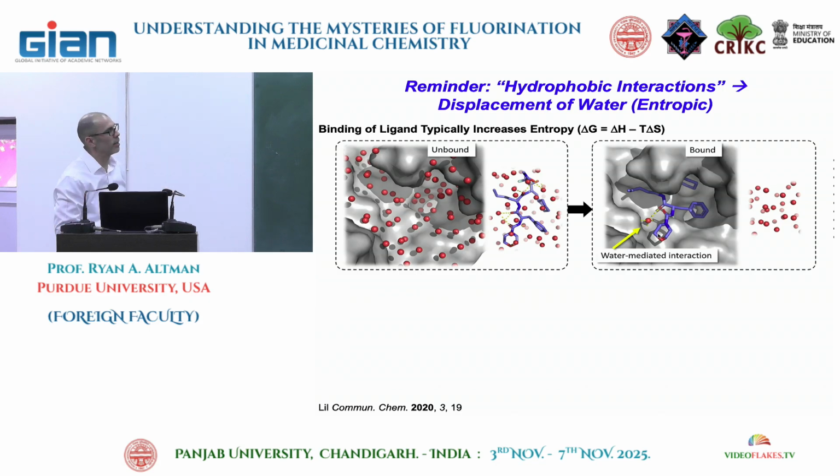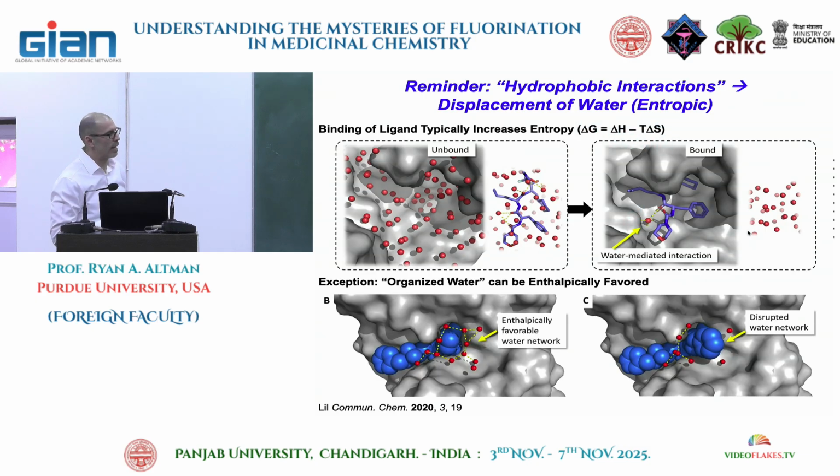Nonetheless, the key point here is that we can also modulate affinity for a target through pushing water out of the active site. Now, this comes with several caveats, and so the generalization is not always true in specific examples. In specific examples, you might have really well-organized water networks, and if you push a greasy moiety through a really nicely aligned water network, that might actually be bad for enthalpic purposes.